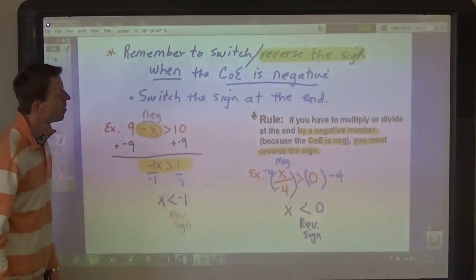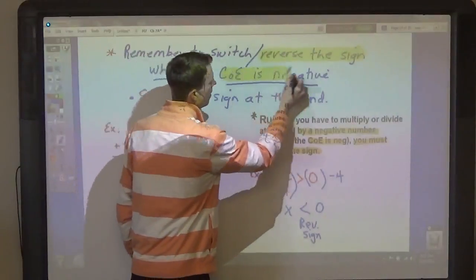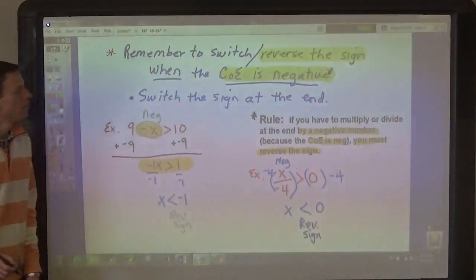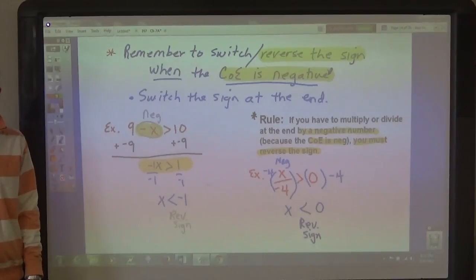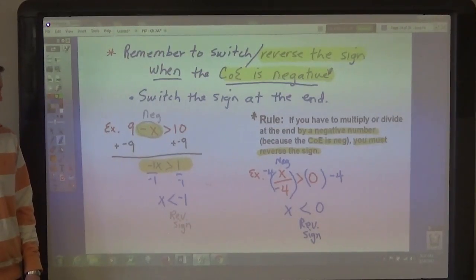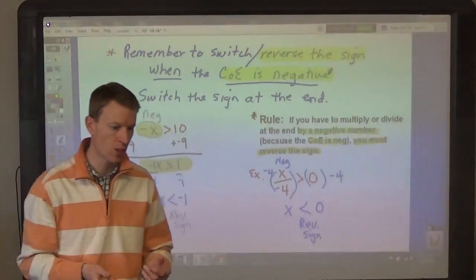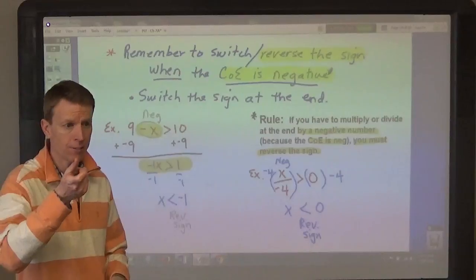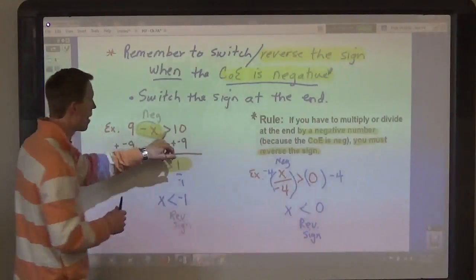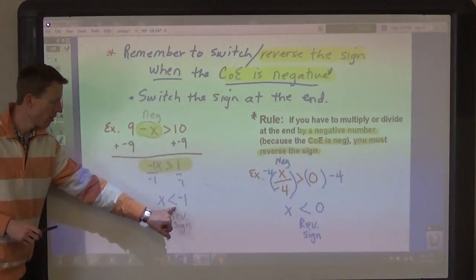When the coefficient is negative, you reverse the sign. You have to do that in order to get the correct solution. You just have to switch it from the greater than sign to the less than sign.